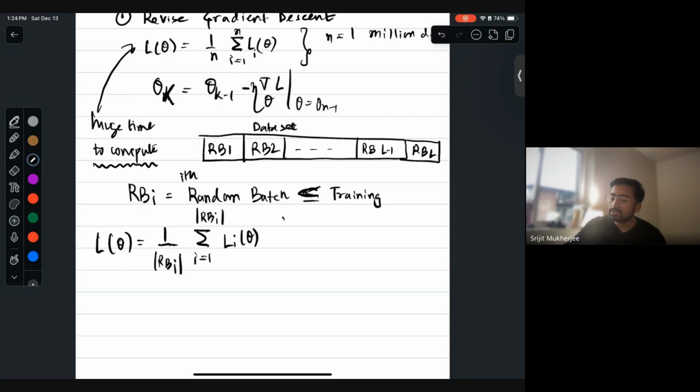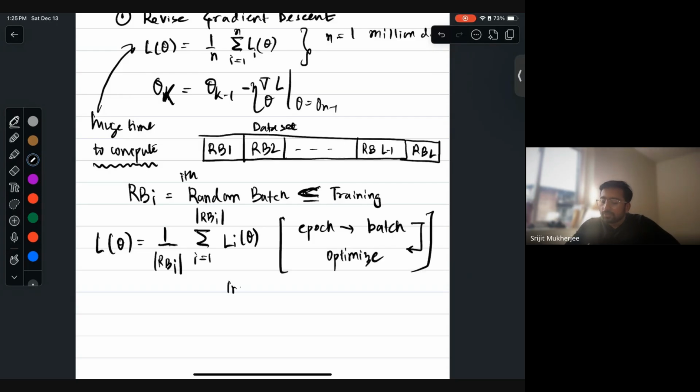So essentially, instead of the entire epoch, each batch is where we do the optimization.